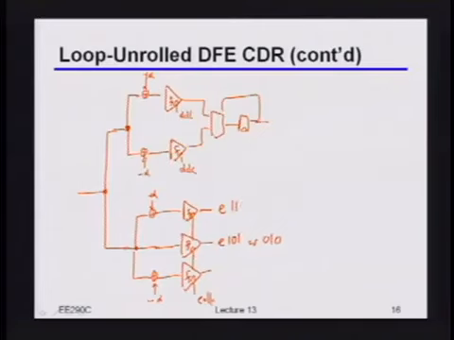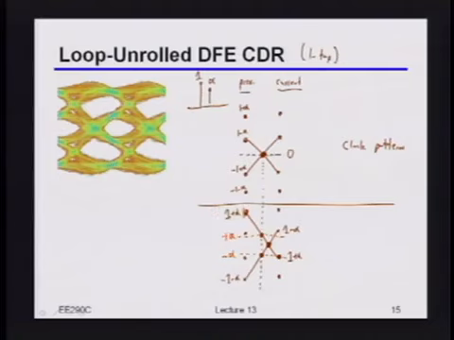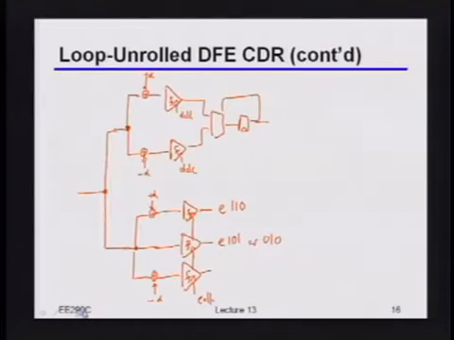Yeah, this would be a 110, right? Because if you look at the arc over here, the only way I can get to that top point is if both of the previous bit, and the bit before it, were both 1, right? And then I had a 0. Okay, so similarly, for that bottom guy there, what's the data pattern you're looking for? 001. Yeah, 001.